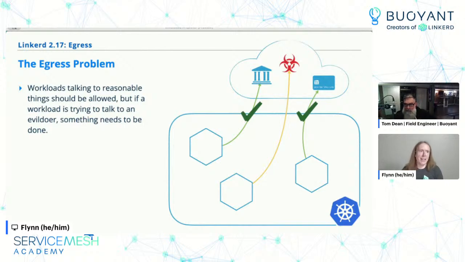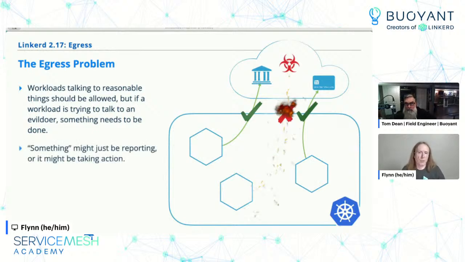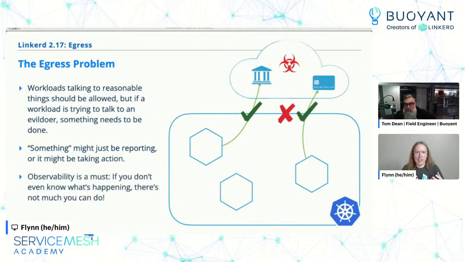Something could mean maybe you just log it somewhere, or it could mean that you want to actually block the traffic, but you have to start by knowing what's happening so that you can do something about it. And this is the core of egress. You want to, at minimum, know what's going on, and ideally, you want to have some ability to affect what's going on.